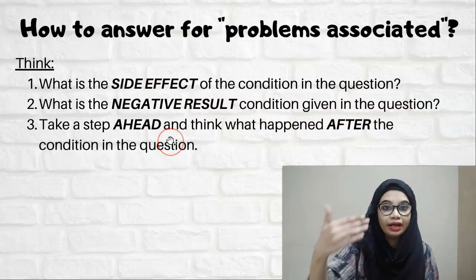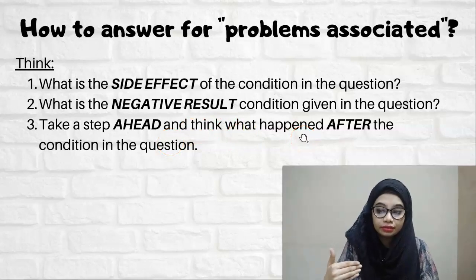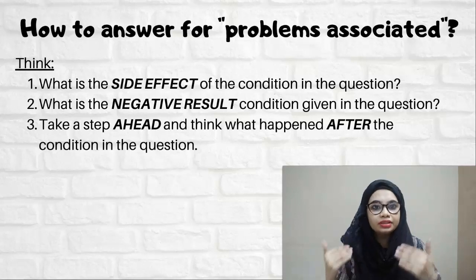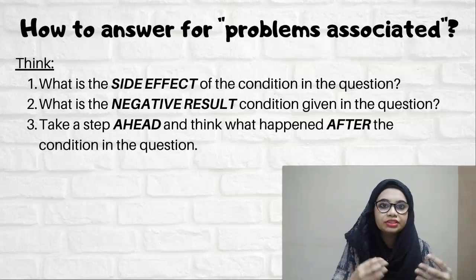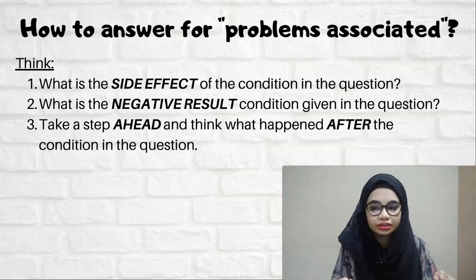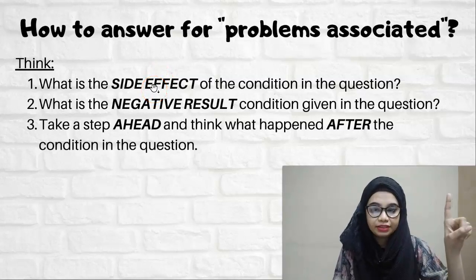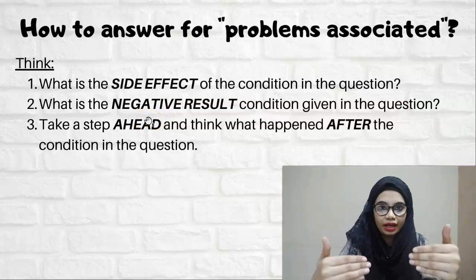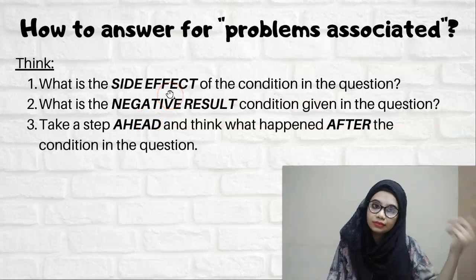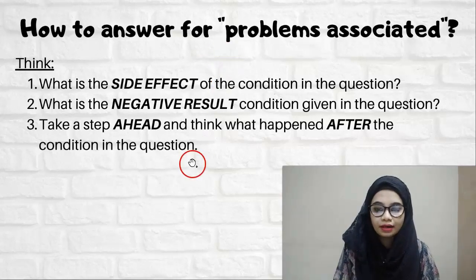Take a step ahead and think what happens after the condition in the question. The key words you should remember are side effect, negative result, take a step ahead, and think what happens after. So problems associated come after.